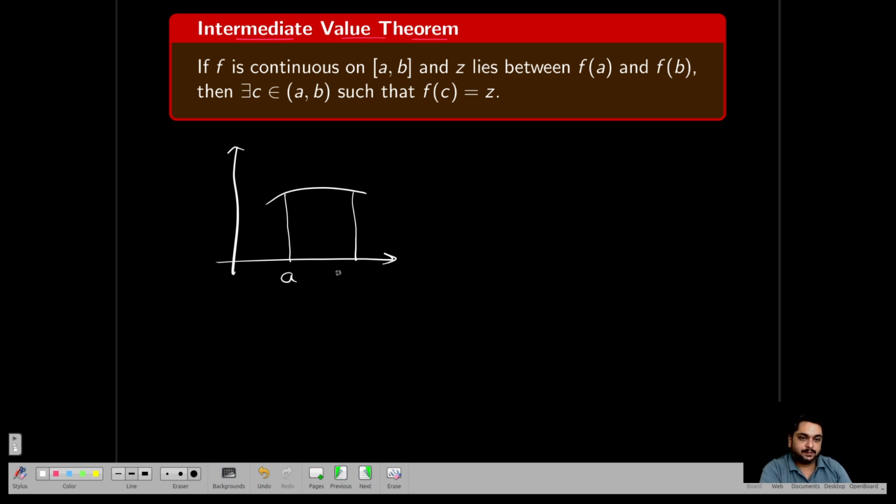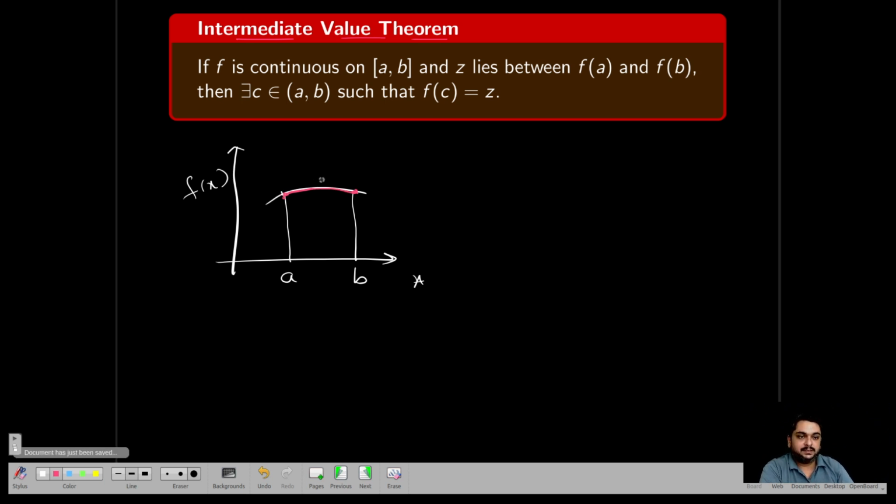Let us say this is my point A, B. If f is continuous, they already gave that this is my f of x. If f of x is continuous on this curve between A, B, from A to B, this curve is continuous. There is no discontinuity.